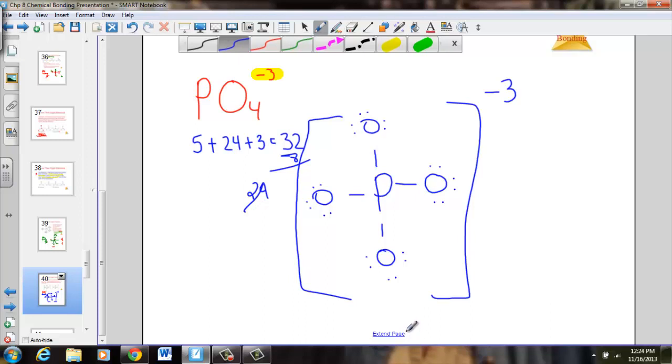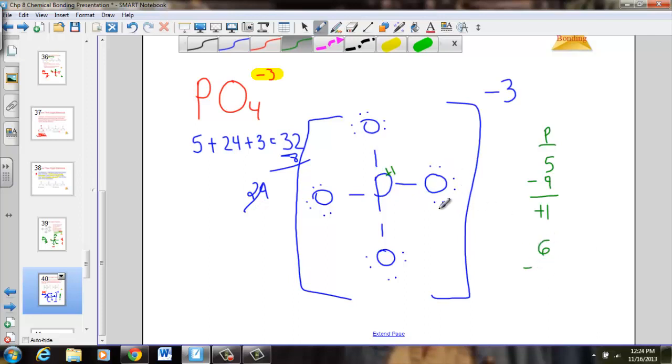But consider formal charge. Phosphorus lives in group 5A, 5 valence electrons. It has 1, 2, 3, 4 electrons associated with it. It has a formal charge of +1. Oxygen lives in group 6A, 6 valence electrons.